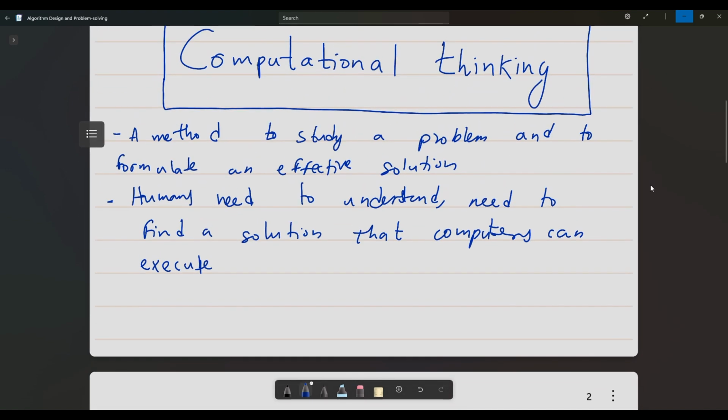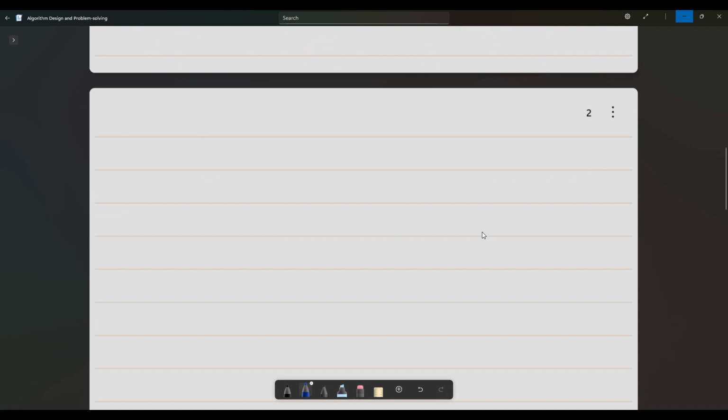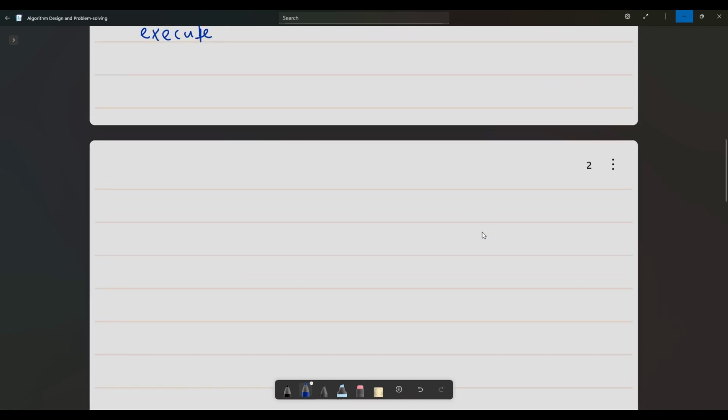Underneath this method, there are many techniques that can be used to make computational thinking easier. Let me list out all the techniques.